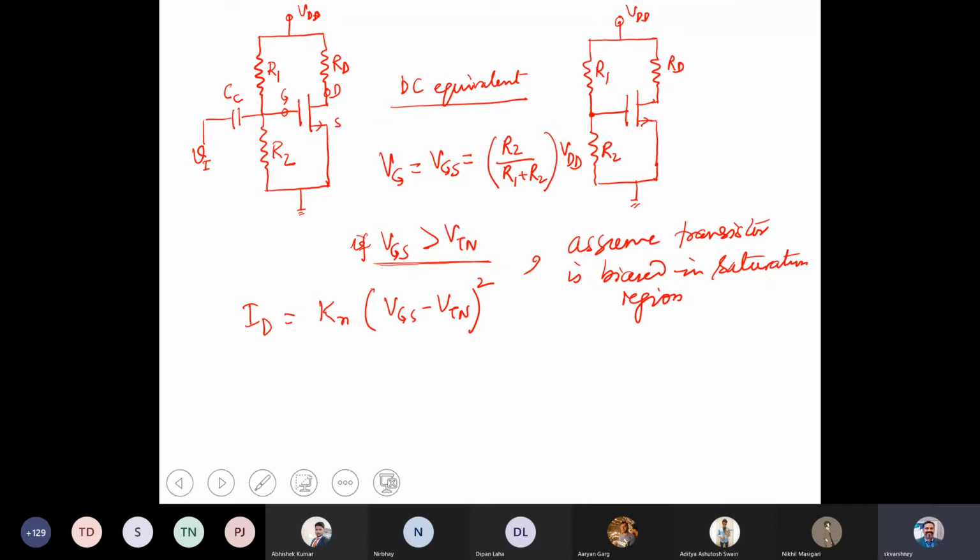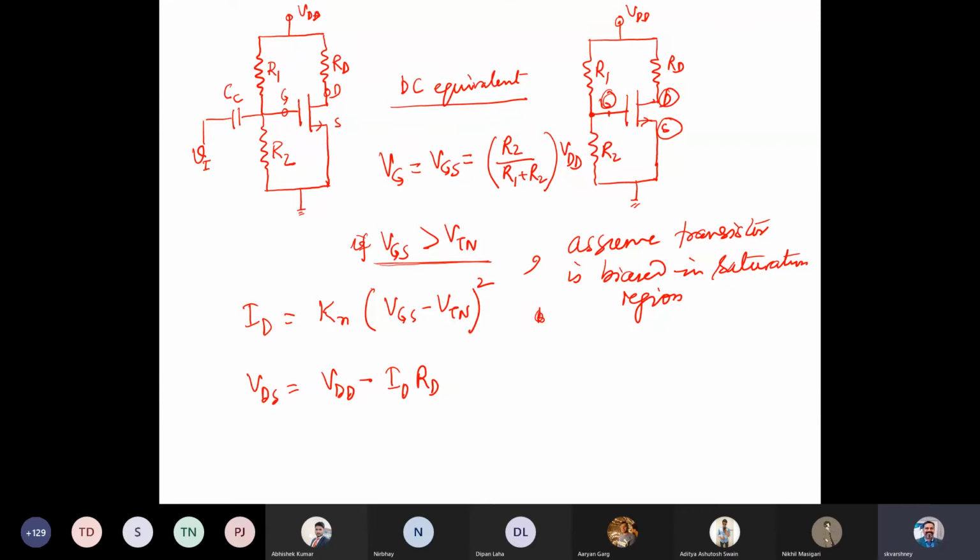And the drain to source voltage, that's VDS, where this is the source, this is the drain, this is the gate. VDS would be simply given by VDD minus ID into RD.